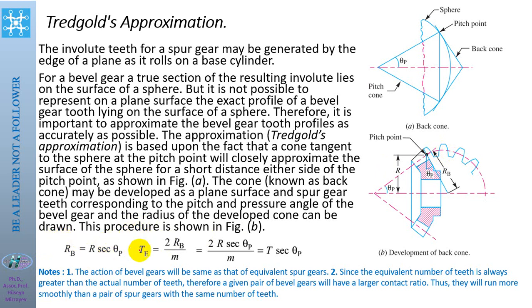Zv is the number of equivalent teeth, and m is the module.